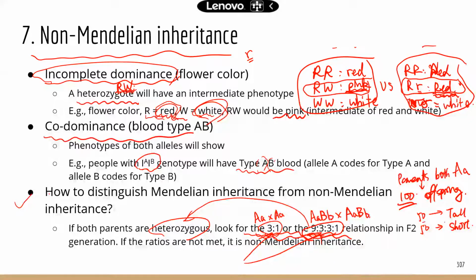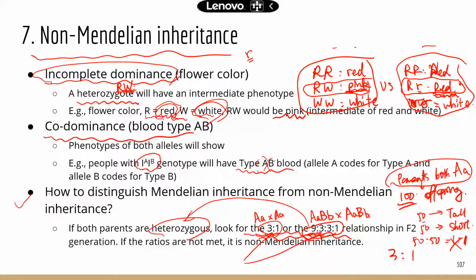So 50 of the offspring is tall, 50 is short. So that means the ratio is 50 to 50, which is 1:1, right? Now, if this follows Mendelian inheritance, when both parents are heterozygous, the ratio should be 3:1, right? 3:1 and not 1:1. So this does not follow Mendelian inheritance.